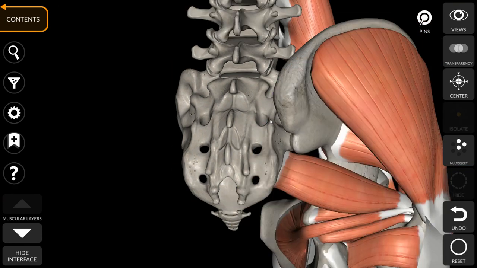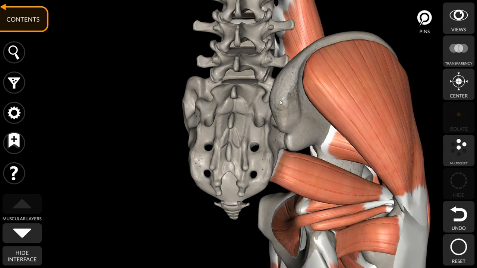Attach dekat you punya sacral crest. Okay, so I repeat, the first attachment is to the ilium, which is posterior to the posterior gluteal line. Number two, it attaches to your sacral crest, or specifically lateral sacral crest. So it has two origins. One originates from the ilium, one originates from the sacrum.